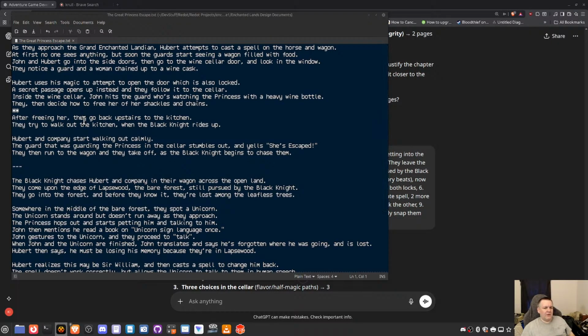And so this is the princess's escape here, and it just seems like a lot of stuff where there's not a lot of real room to put a lot of decision points in there. The way I've got it now, I only have about 9 pages approximately. So that means that instead of trying to expand more of getting the princess out, I probably need to place another decision point somewhere.